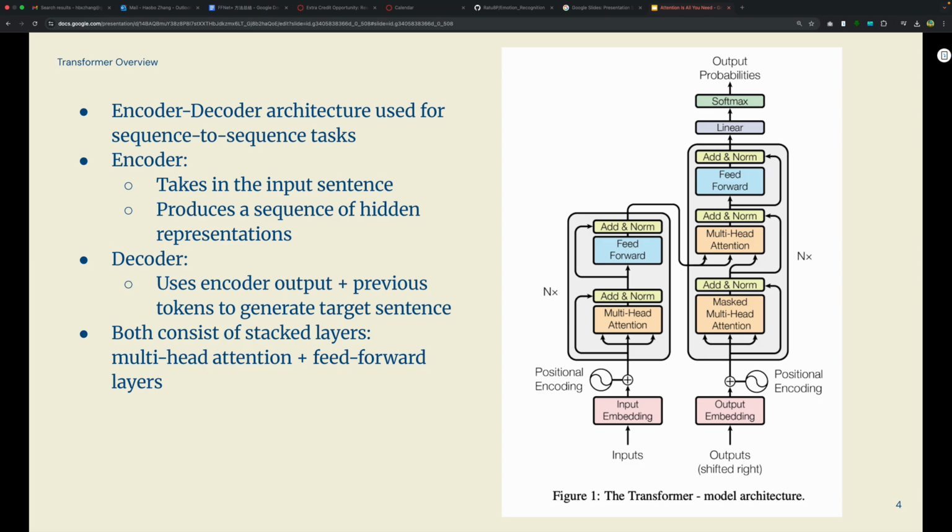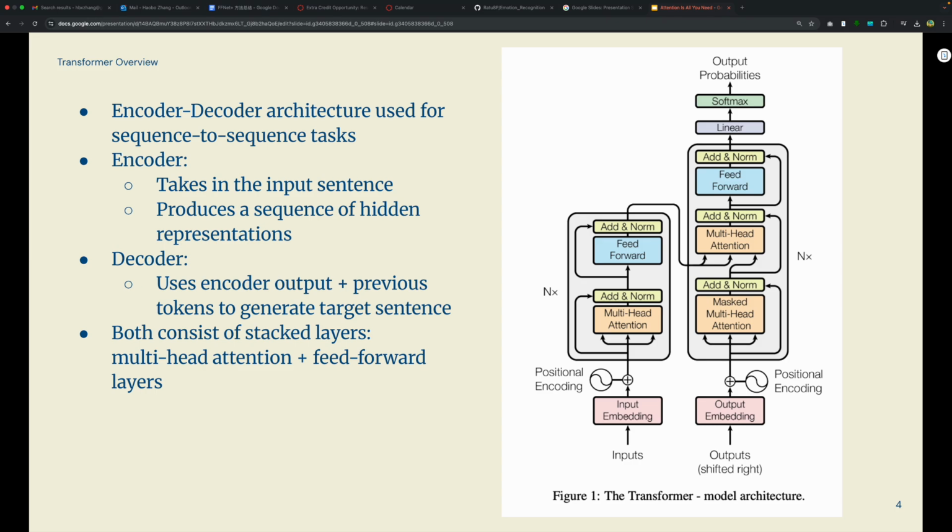It does so through a stack of identical layers, each containing a multi-head self-attention mechanism followed by a position-wise feed-forward neural network. These layers allow the model to capture relationships between all tokens in the input regardless of their position.